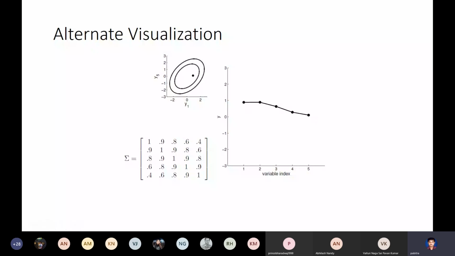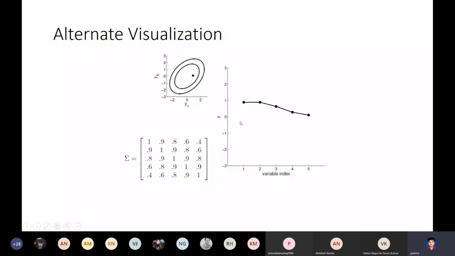Okay, so basically two points to be noted. One point is that a multivariate Gaussian can be represented as a curve. Second is that the shape of the curve depends on the covariance matrix of the underlying multivariate Gaussian. Which two points will move together, which two points will move separately, depends on that.